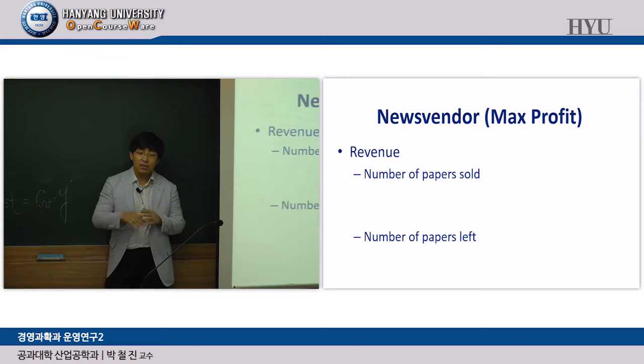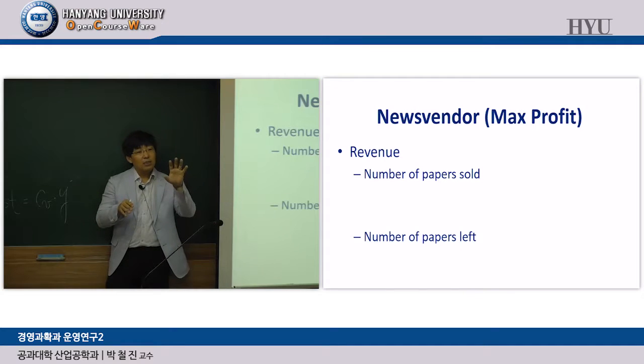It is based on some distribution function, right? And as long as we select a number for Y, then the number of newspapers we sold depends on whether the number of newspapers we have is greater than or less than demand. Okay, we can think about two different situations, right?